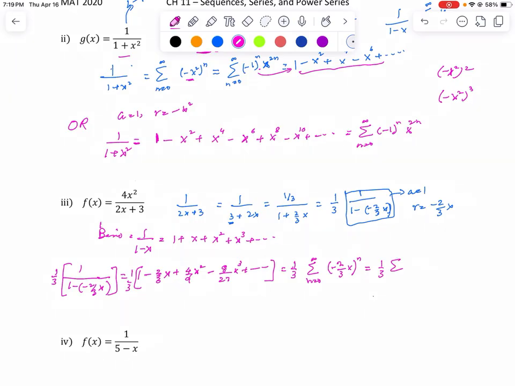At this step, we will have the power split, and then when we incorporate everything, we can combine terms. So negative 1 raised to n, 2 to the n, x to the n, divided by 3 to the n. And this 1 over 3, remember there is a 1 over 3 outside here.